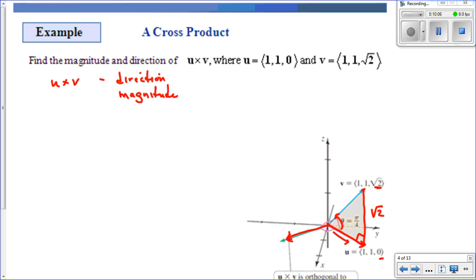Now the magnitude, we know the magnitude of u cross v is the magnitude of u times the magnitude of v times sine of the angle between them. So let's see if we can find the angle between u and v.